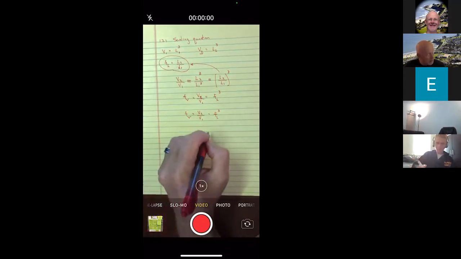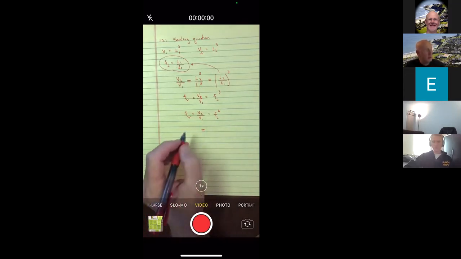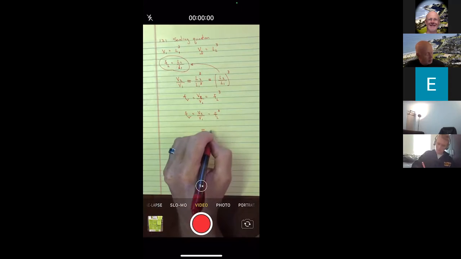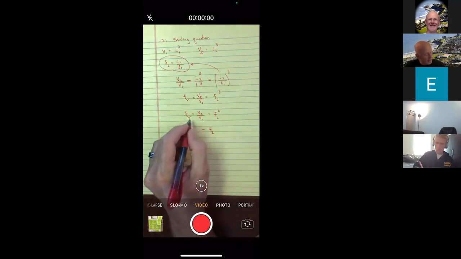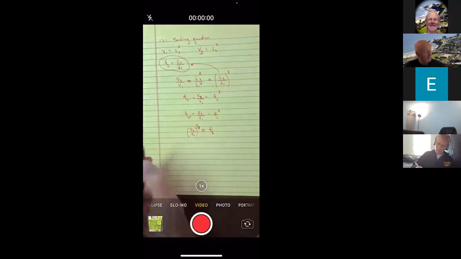I'll do one more step. If I take the cube root, I will get that the scaling factor based upon length is the ratio of the volumes to the 1/3 power, the cube root.